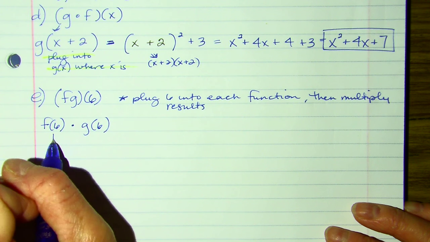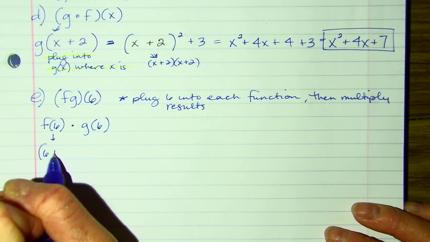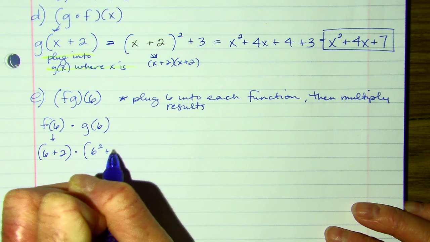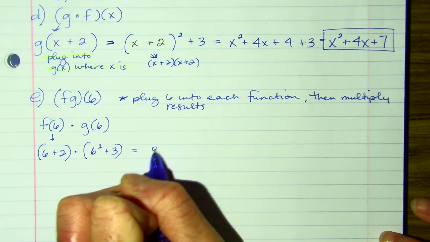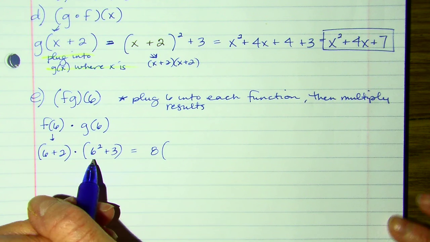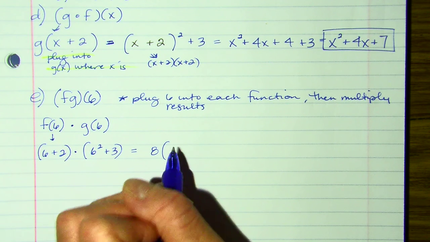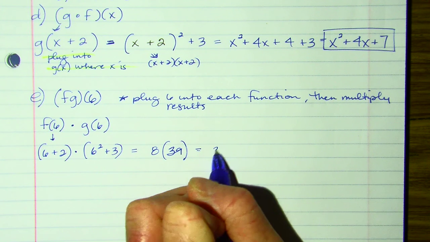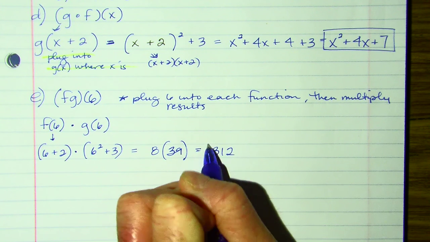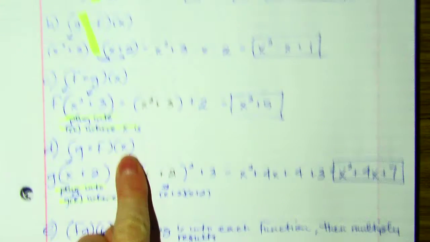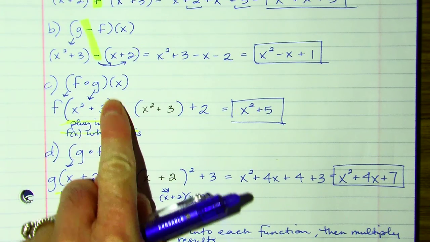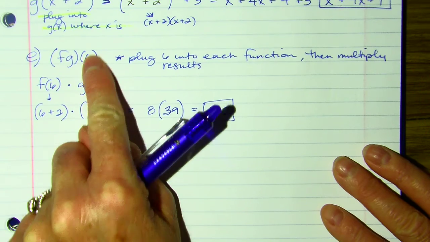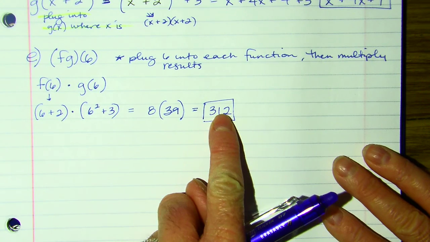So f of 6 would be 6 plus 2 times g at 6 would be 6 squared plus 3. And I'm finding their product. So 8 times 6 squared is 36 plus 3 would be 39. And 8 times 39 is 312. So notice, when I had x, the answers have x. When I'm using a number, my answer is a number.